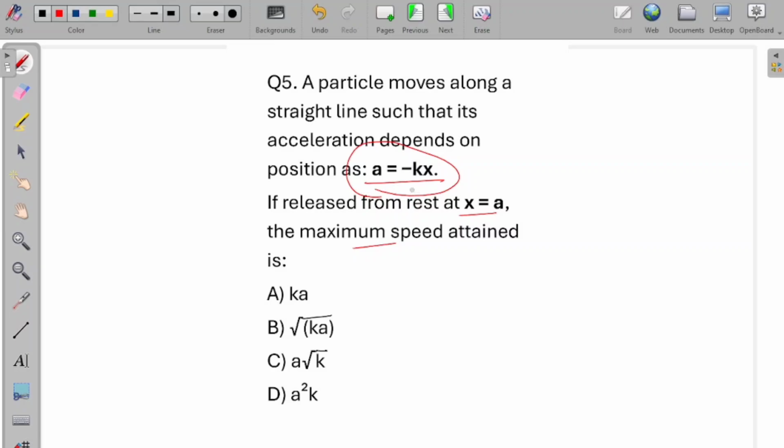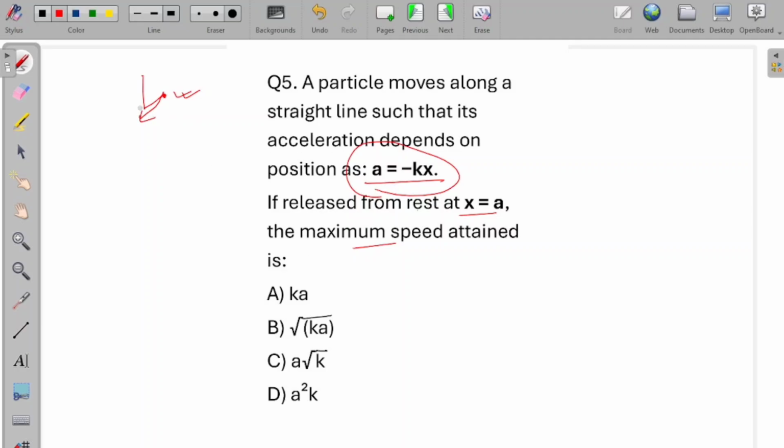It represents SHM, and we can use the concept of SHM to understand the question fully. So here, if released from rest at x is equal to a, the particle is at x is equal to a. It is here, and from here it is being released and it is going in this direction.